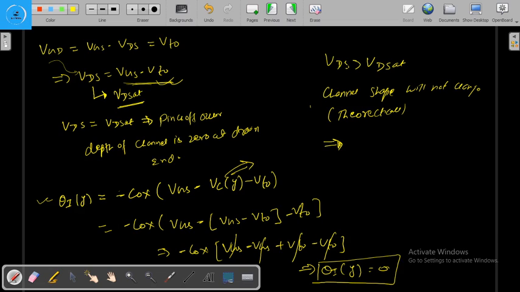So when we are increasing VDS beyond the VD set, the channel shape will not change, but the free electrons present in the channel will find more and more electric field.